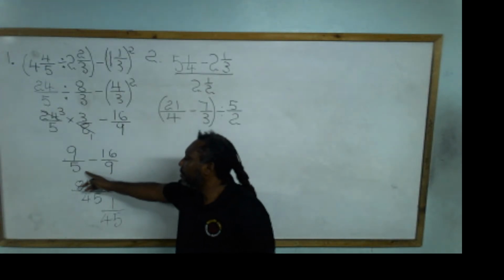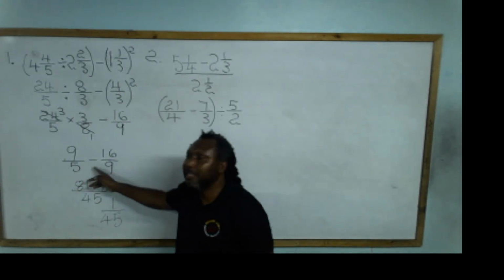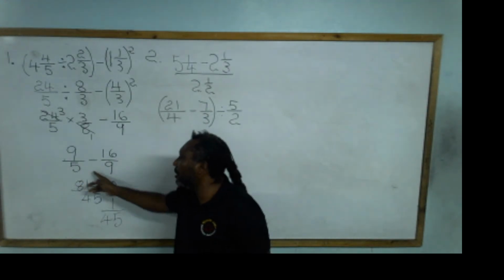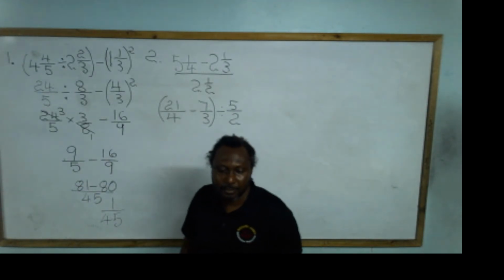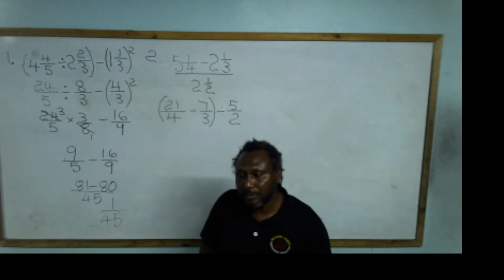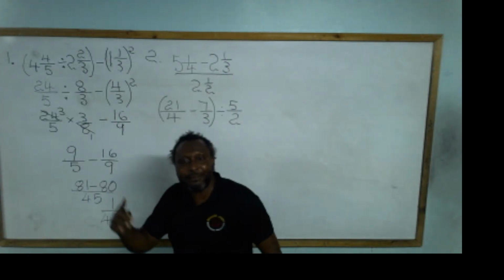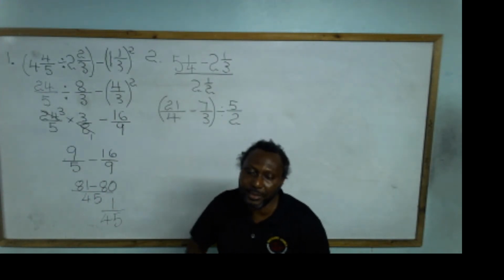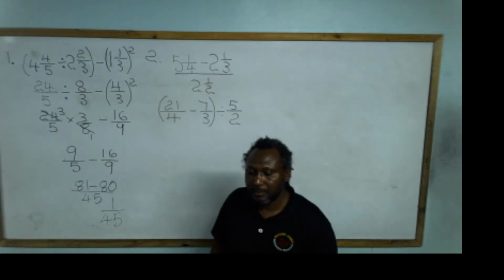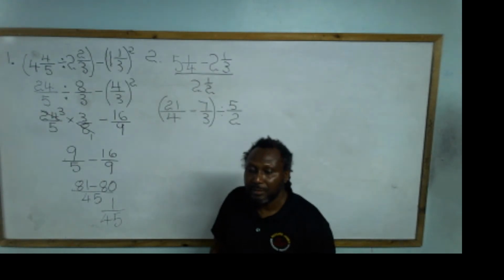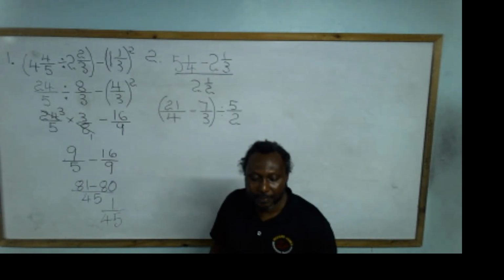We find the common denominator, which is the lowest common multiple of the two denominators that we have here. That's what we normally do. However, when these two numbers do not have a common prime factor, the process is very simple. So let us do the process, which is very simple. And you will see that in the other visuals.